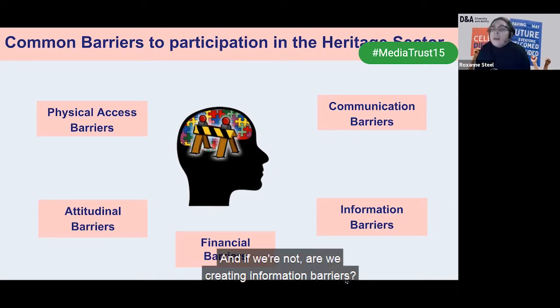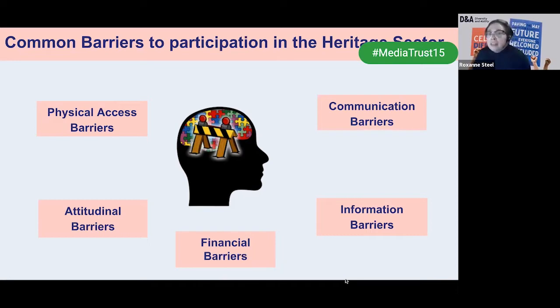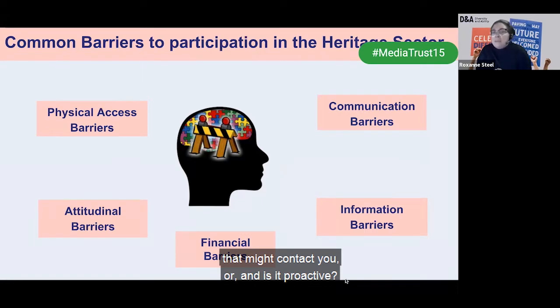And if we're not, are we creating information barriers? Is information available? Is it understandable? Is it wide enough to cover the people that might contact you? And is it proactive? So is it thinking of who could contact you in the future?